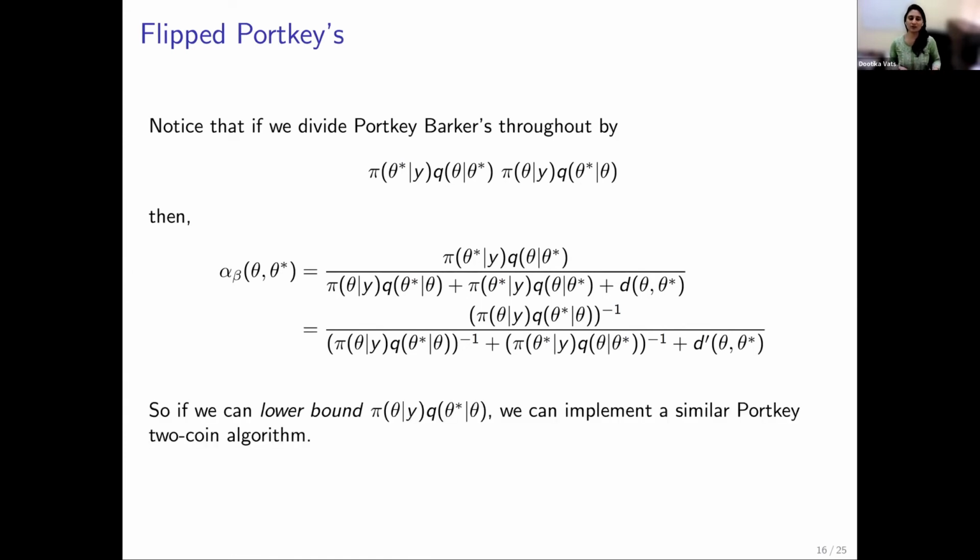So if we can lower bound pi and q, we can implement a similar Portkey Two-coin algorithm, which we refer to as flipped Portkey.